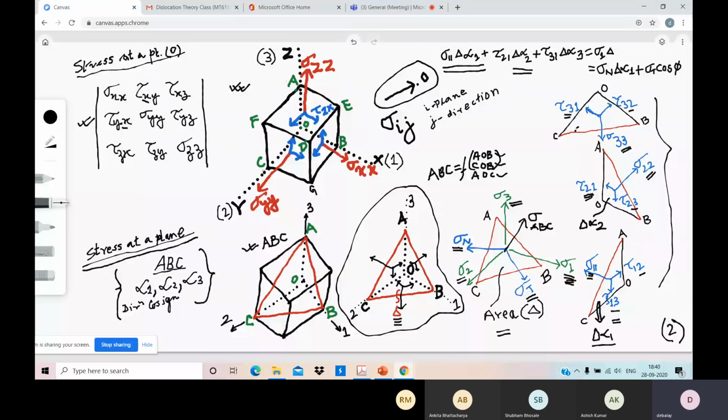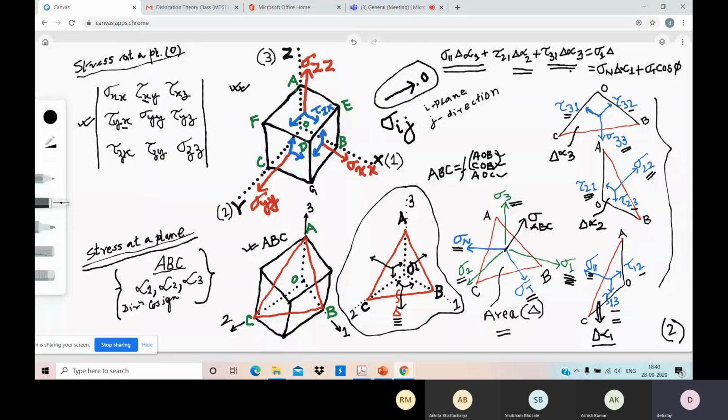Similarly, the area of plane number 3, that is OCB or OBC, is delta alpha 3. As we say, delta is the area of the ABC plane, which has alpha 1, alpha 2, alpha 3 direction cosines. So the net force contributed by the shear stress tau 31 is tau 31 delta alpha 3.